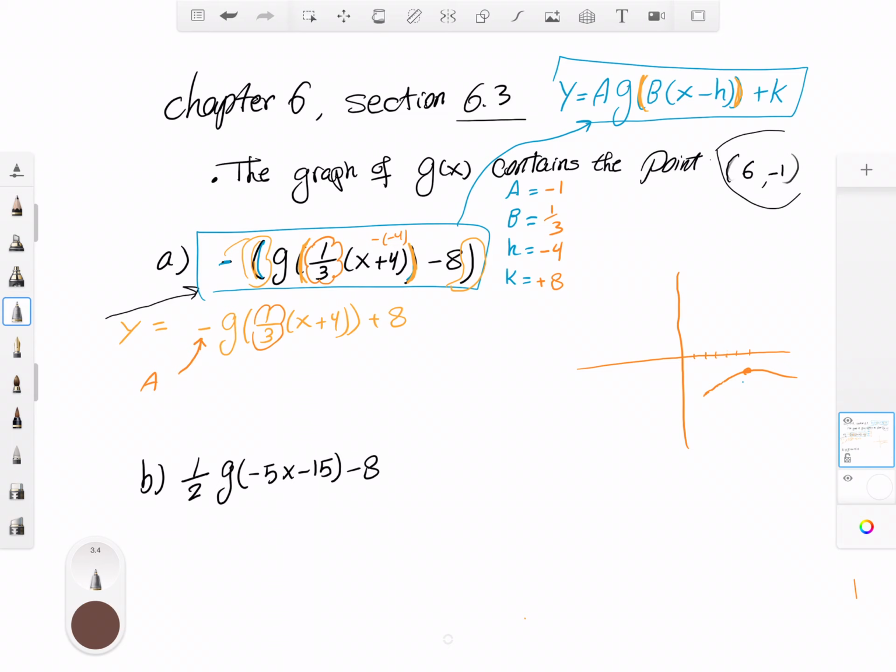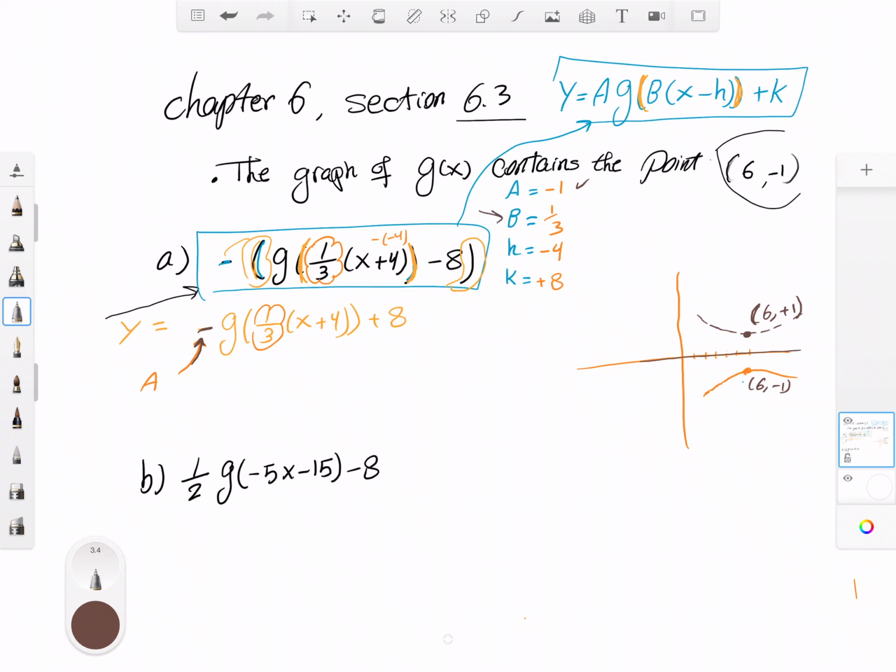Now let's apply the transformation. This negative will flip it over the x-axis. So after applying A, the point (6, -1) will be at (6, 1).